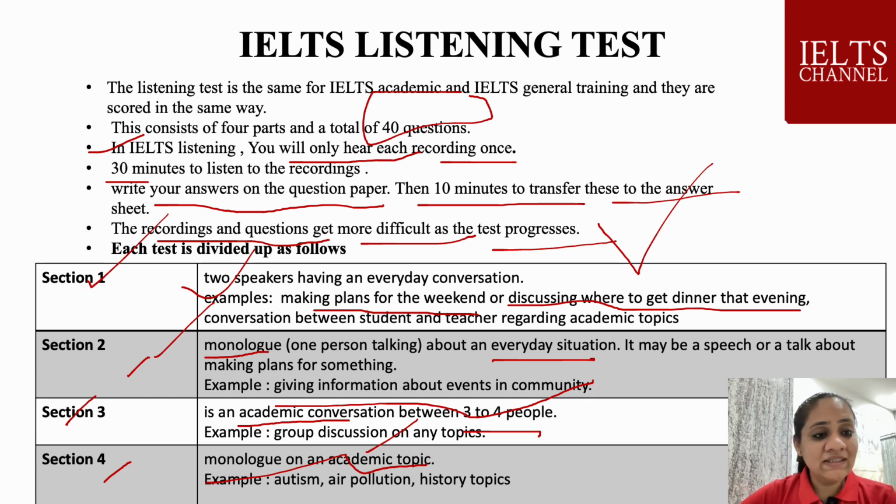So in section 4 you have only one speaker who is going to give one talk. It's a monologue. Make sure that the same information we have discussed for each section, you can see in any Cambridge listening test.